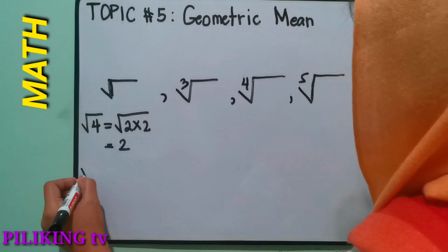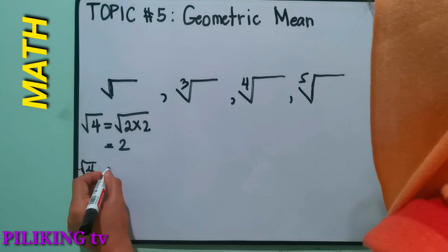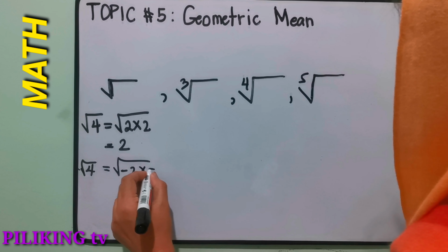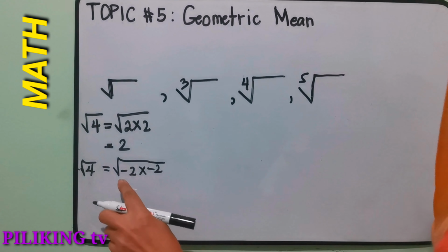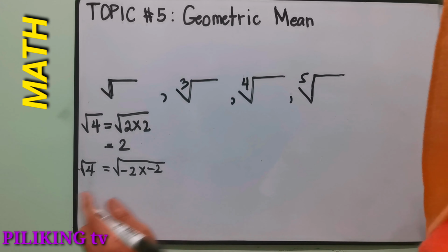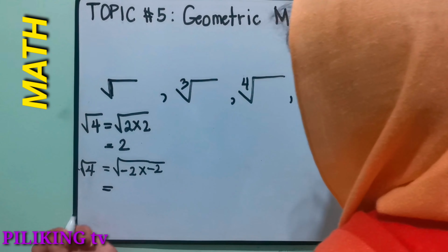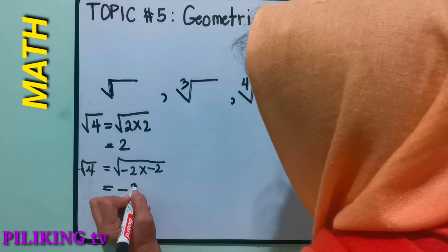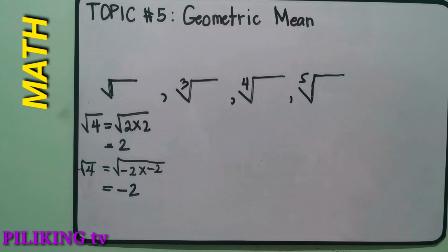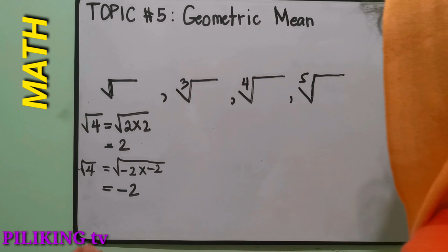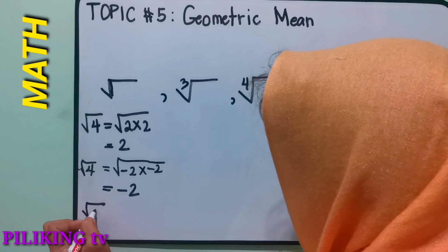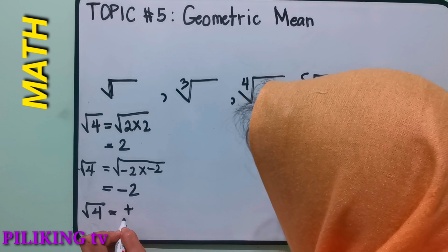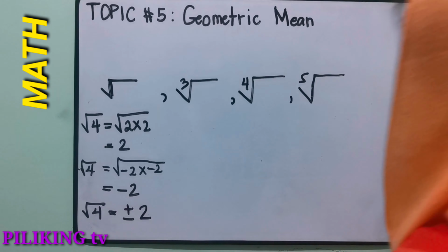Another one: the square root of 4 is also equivalent to the square root of negative 2 times negative 2, since when you multiply the same signs, the answer is still positive. So the square root of 4 can also be negative 2. In short, the square root of 4 can be positive 2, and it can also be negative 2.